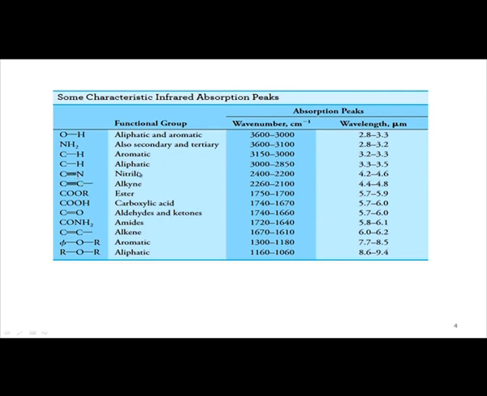Similarly for the nitrile function, organic nitrile. When a triple bonded structure is present and the organic nitrile is available, it can be correlated with the presence of the cyanide function, CN minus, and that CN minus function can be identified in the range of 2400 to 2200 centimeter inverse.